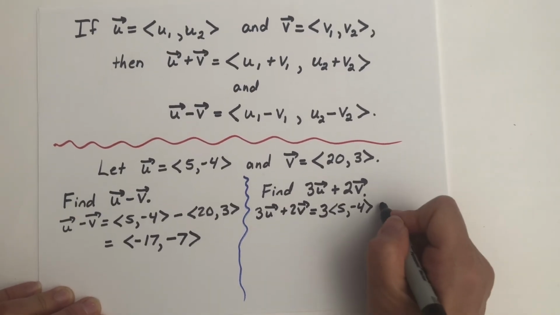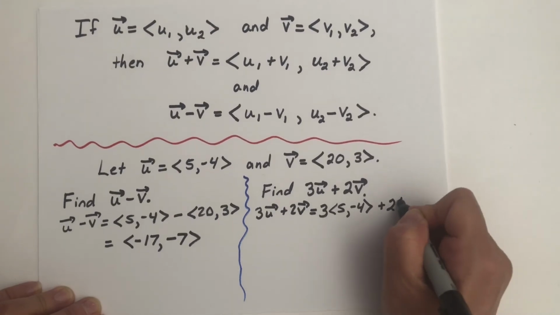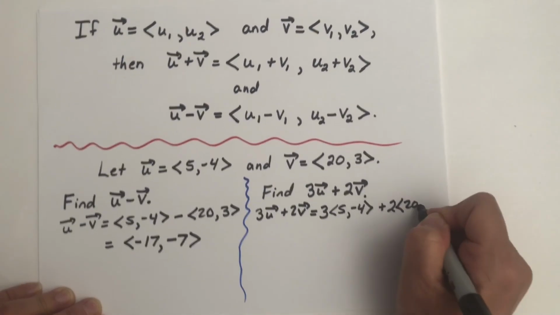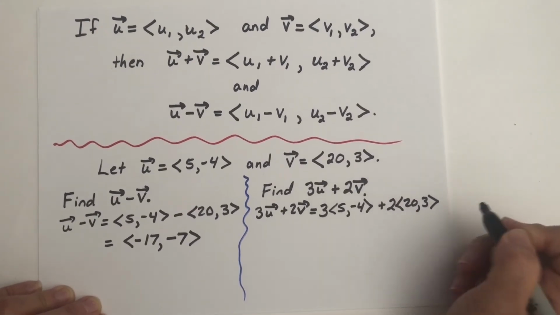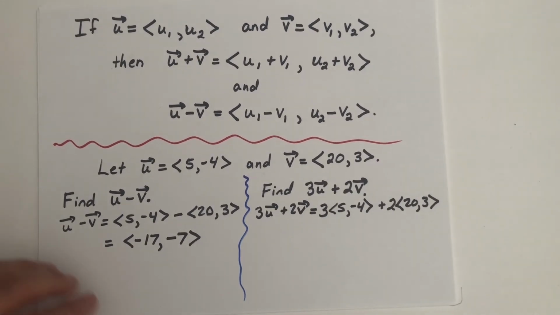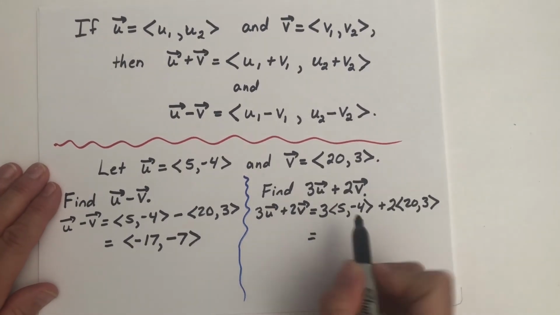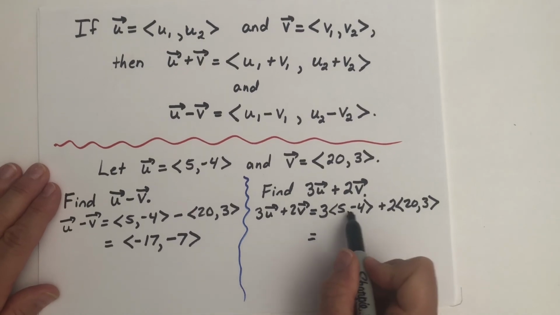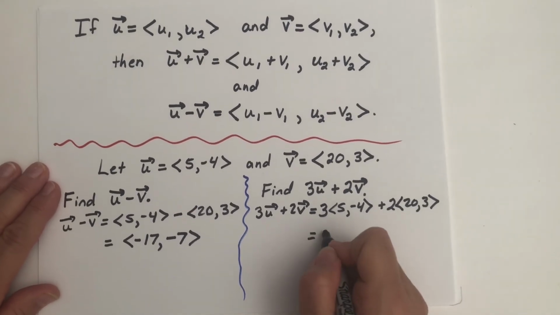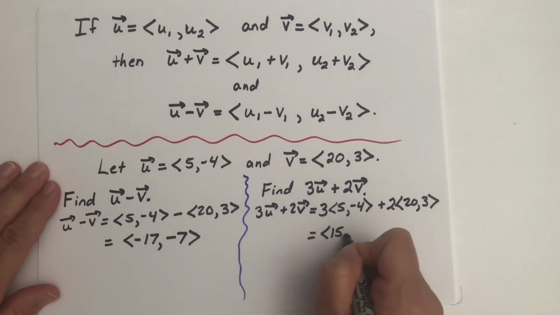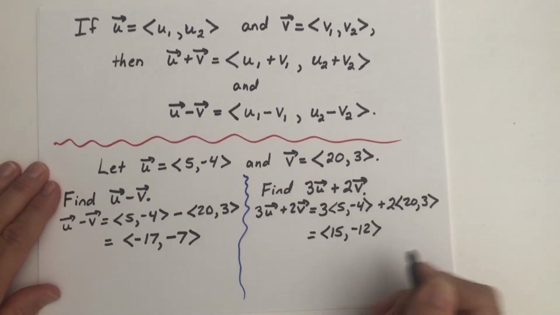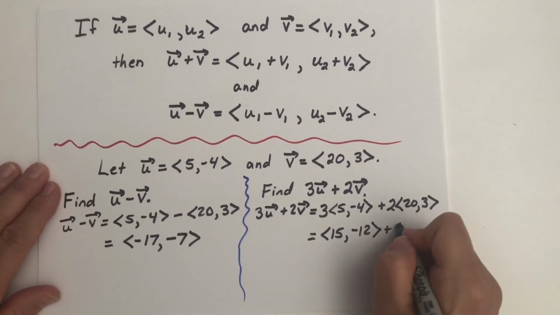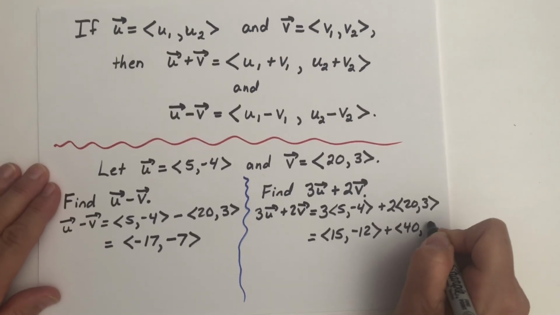And I'm going to add that to 2 times the vector 2, 3. We multiply the scalar by each component, so the first vector becomes 15, negative 12. And my second vector becomes 4, 6.